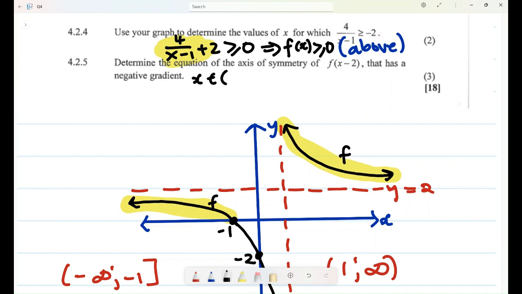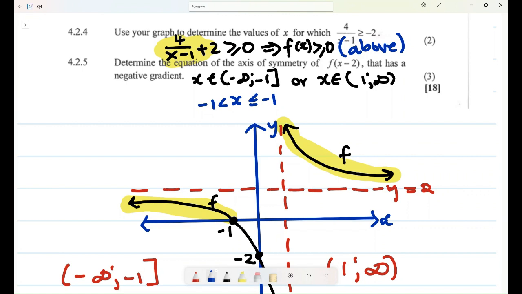So if I write this in a question paper, I'm gonna say x is an element of -infinity to -1, with -1 included, or x is an element of 1 to infinity. Someone preferring interval notation can say x is between -infinity and -1 included, and we do not include negative infinity, right?